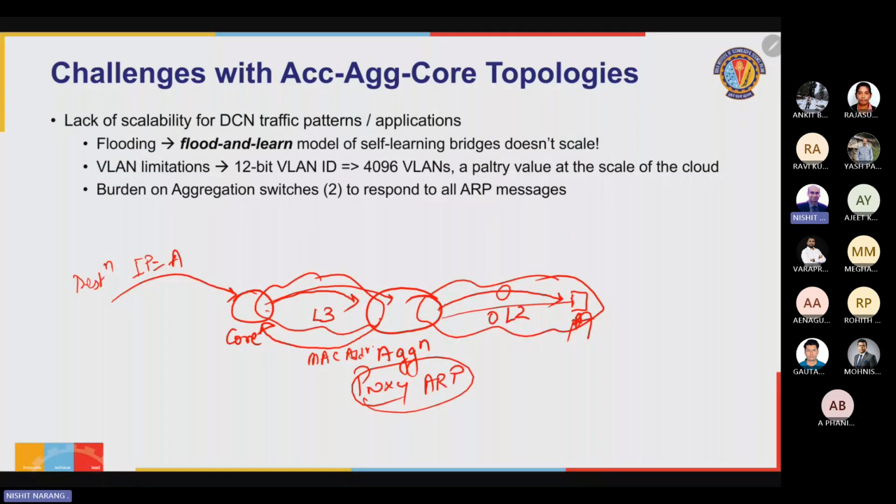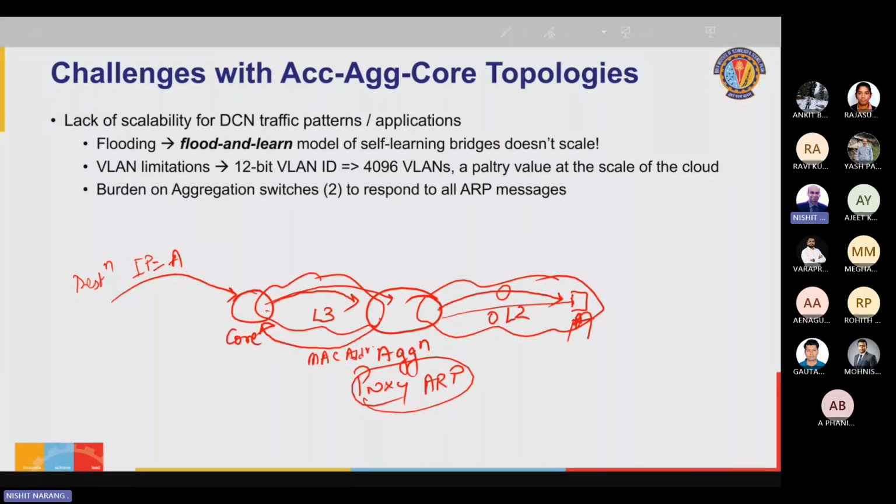So essentially, we are saying that the aggregation switches will have to be special purpose, high-end switches, bulkier, more computationally powerful than the access switches in order to be able to handle this kind of a burden.